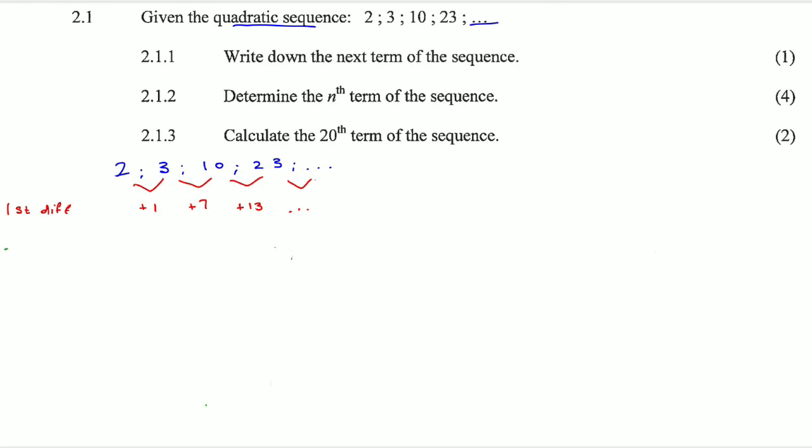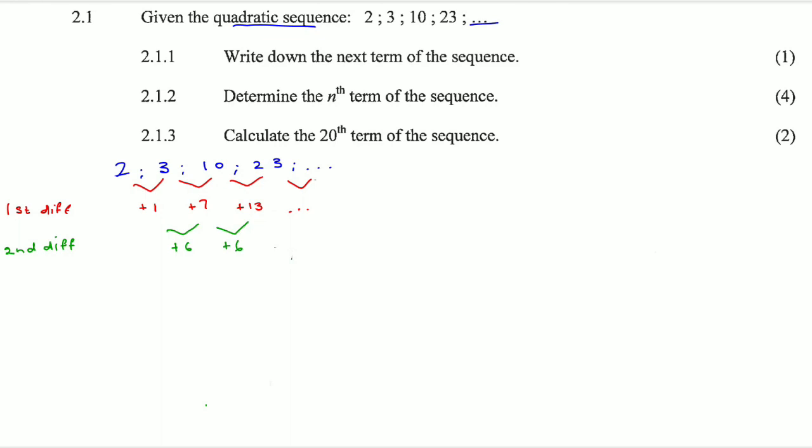We'll need to find the second difference to find this value. From 1 to 7, we're adding 6, and from 7 to 13, we're adding 6. So 6 is our second constant difference.